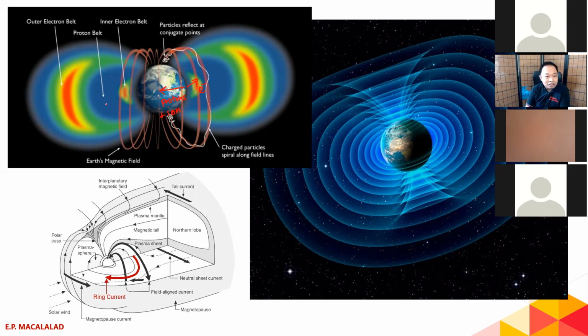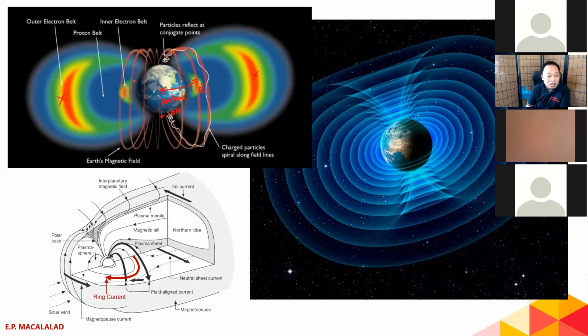It's very complicated electrodynamics there. Kaya kung mataas yung electron belt dito, maraming electrons dito. These are very energetic electrons. Kaya tawag dito radiation. So if we say radiation, hindi siya electromagnetic radiation. These are particle radiation. That's why it's a no-no to put satellites here because of the strong presence of electron radiation, which will cause damage to your satellites.